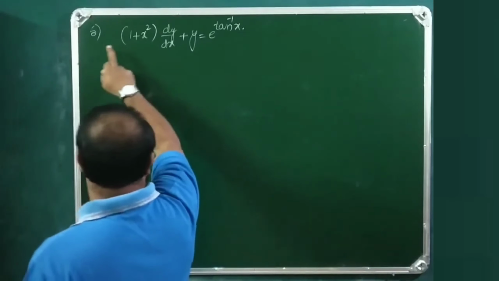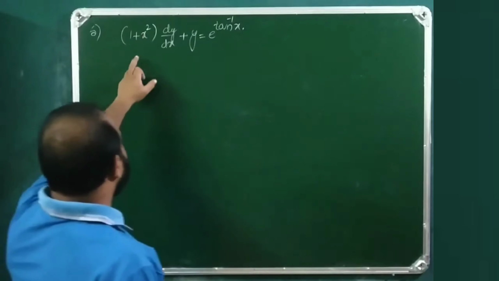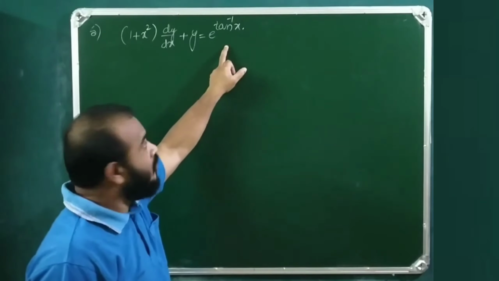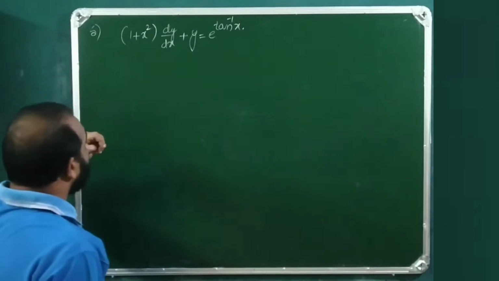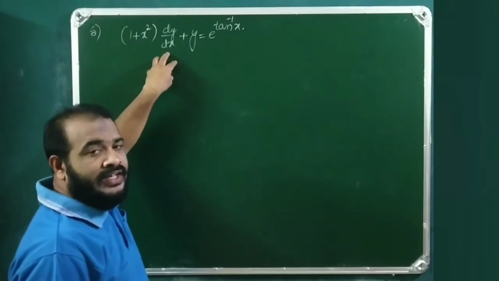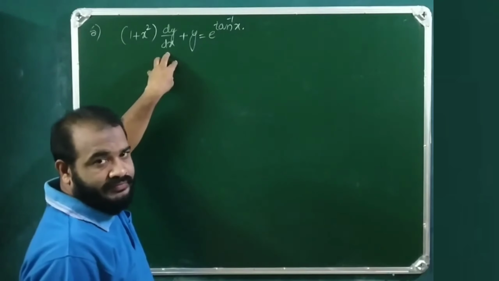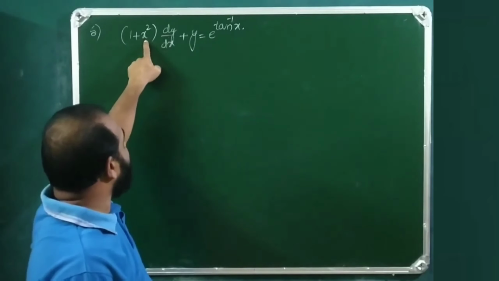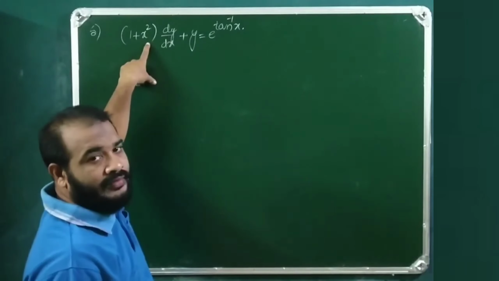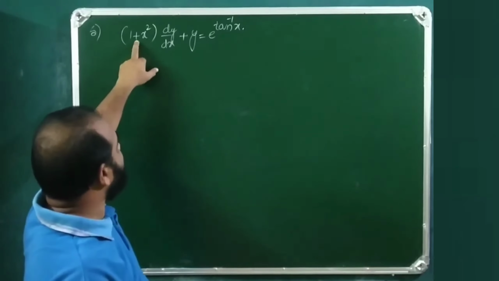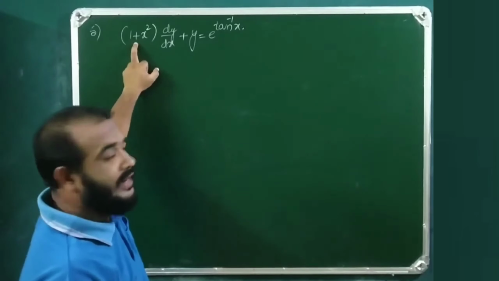The fifth question is (1 + x²) dy/dx + y = e^(tan⁻¹x). First, to convert this into a linear differential equation, the coefficient of dy/dx, 1 + x², has to be removed, so I will divide by 1 + x².